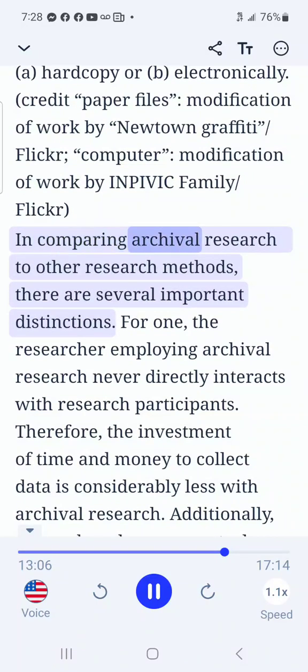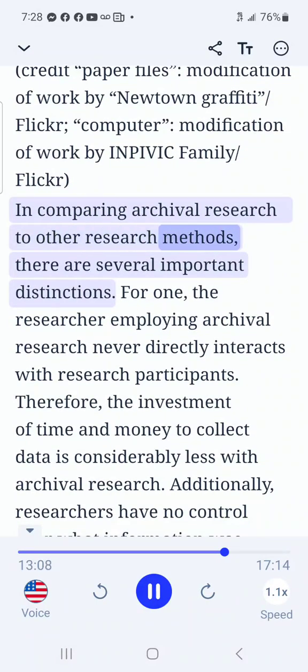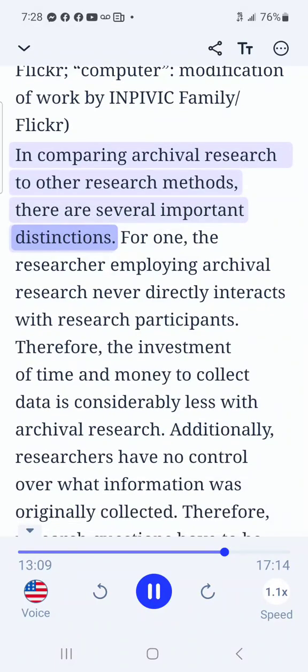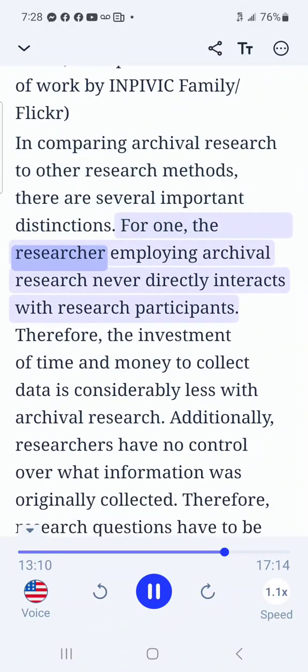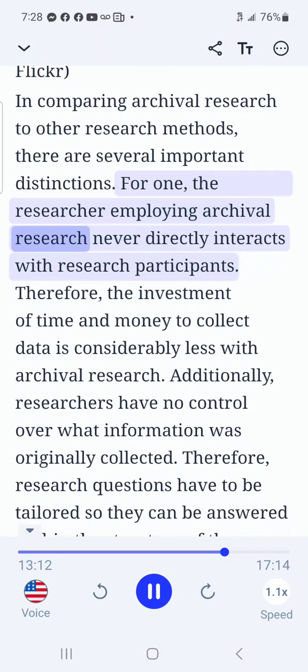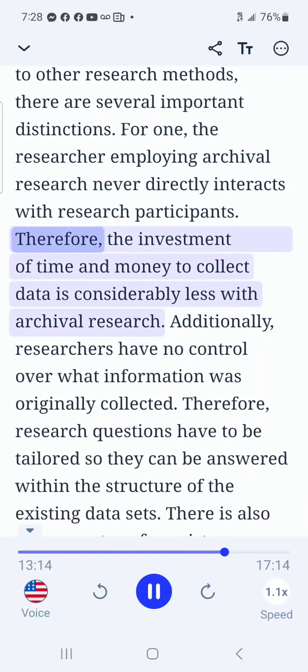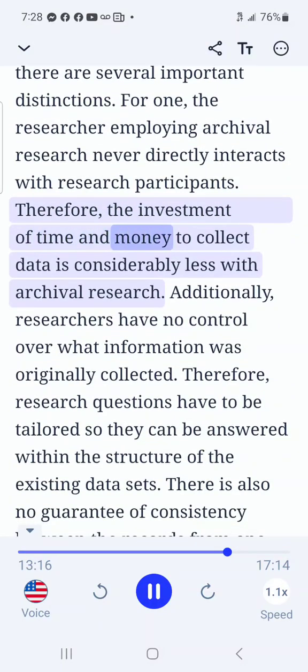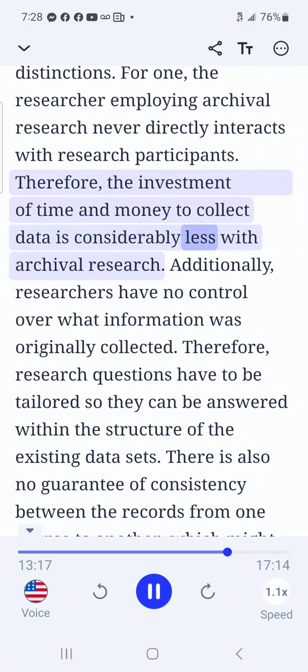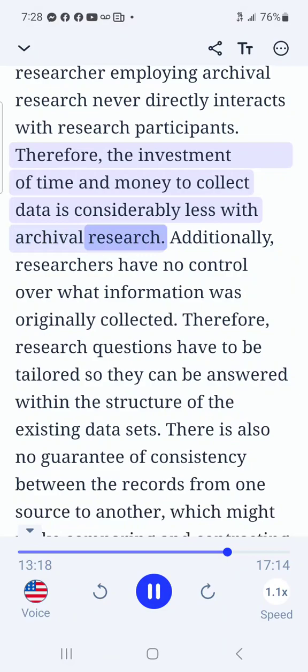In comparing archival research to other research methods, there are several important distinctions. For one, the researcher employing archival research never directly interacts with research participants. Therefore, the investment of time and money to collect data is considerably less with archival research.